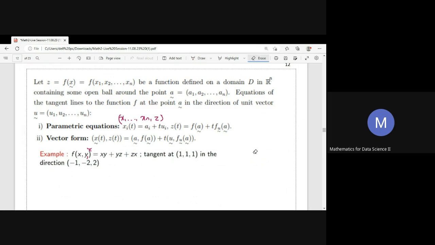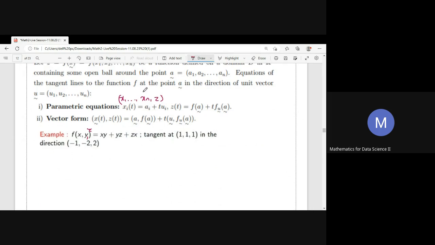Let's do it for the n-dimensional case. In this case, the problem is as usual. Here it is now a1, a2, a3. And is this a unit vector? No. So what is the corresponding unit vector? Minus 1 by 3, minus 2 by 3, 2 by 3. So this is your u1, u2, u3, and the same formula we are going to write.